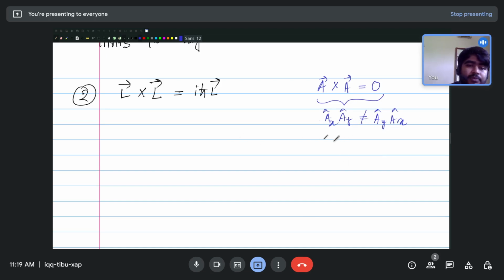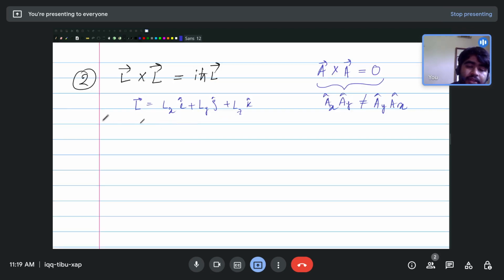In the same spirit, you can start by writing the L vector in terms of its three components: Lx i cap plus Ly j cap plus Lz k cap, and you can just do the cross product, L cross L. So just do i j k, and Lx Ly Lz and Lx Ly Lz.